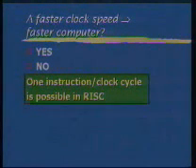The logic behind this technology is that it involves a concept called pipelining.